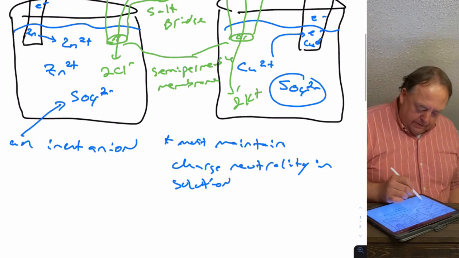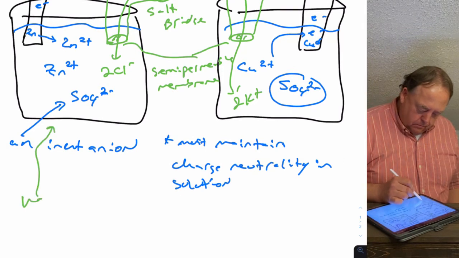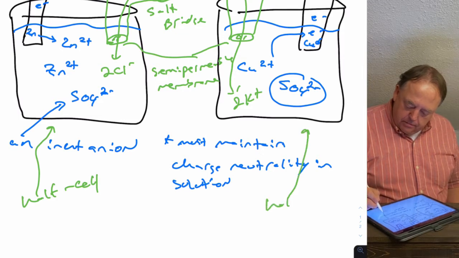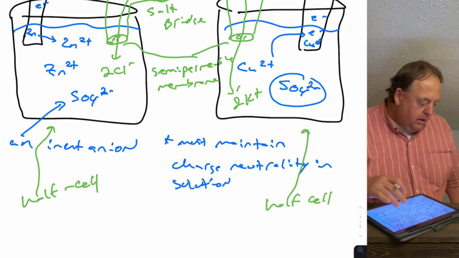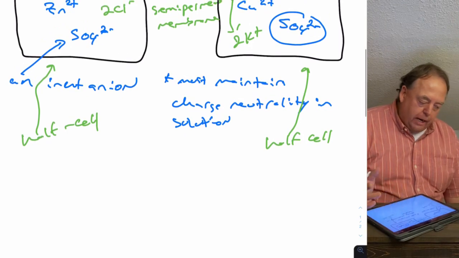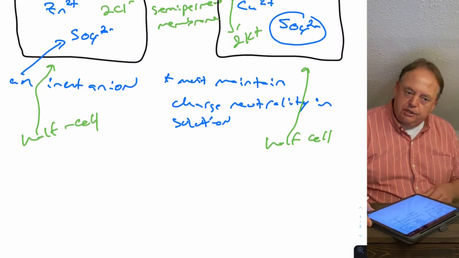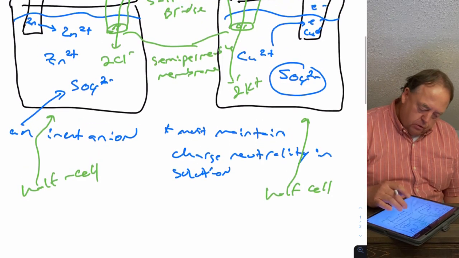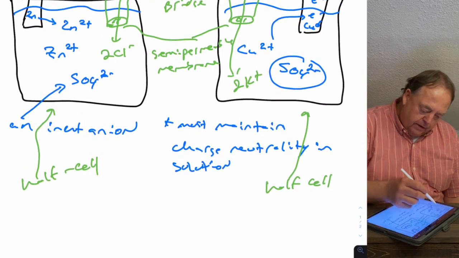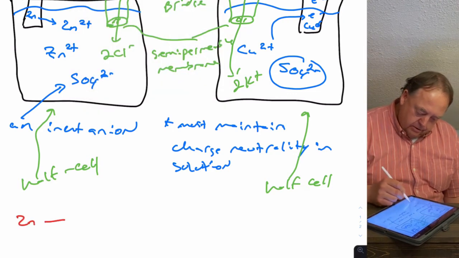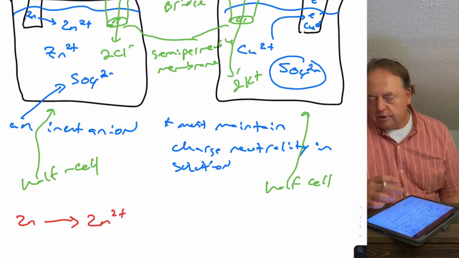Okay, so this is a half cell, and this is a half cell. So we could write what's known as the oxidation and the reduction reaction. So basically what's going on in this half cell on the left is zinc is going to zinc 2+. How does it go from no charge to +2 charge?